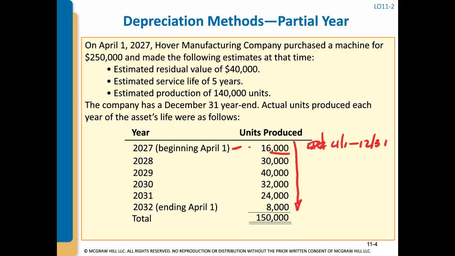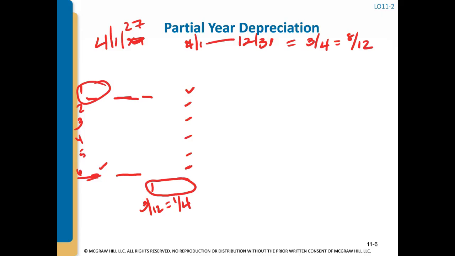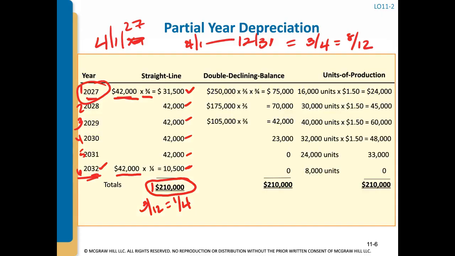So we would go through the same units of production calculation, which ended up being $1.50 per unit. And for 2027, we multiply it by 16,000 and work through the table the same way as we did in the video for showing depreciation methods.